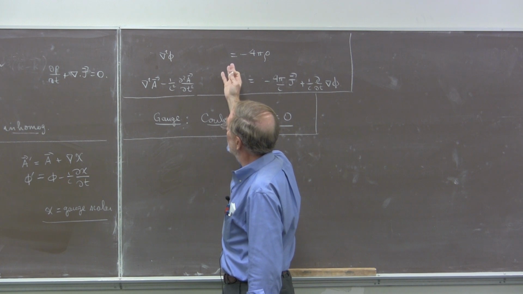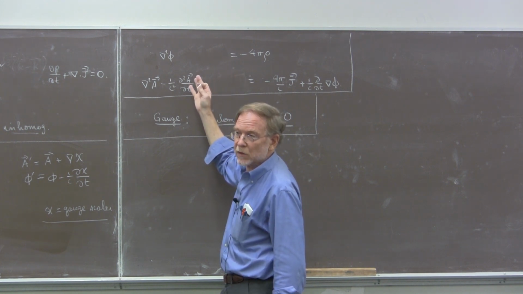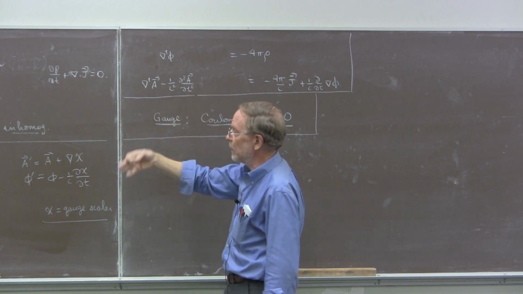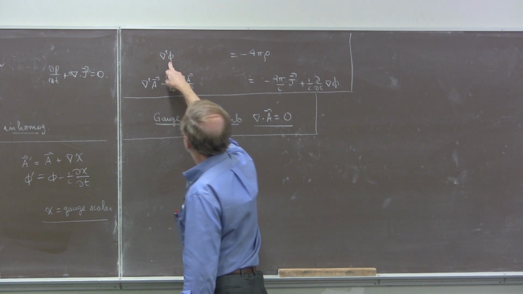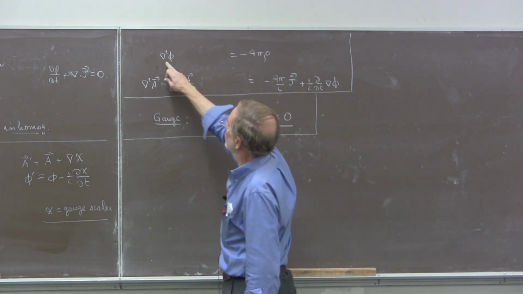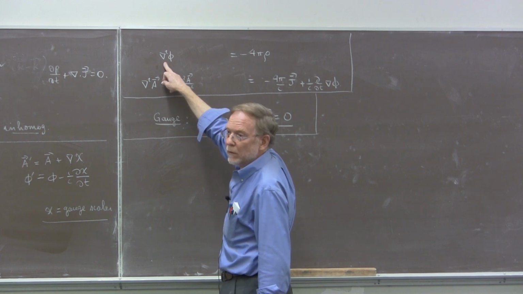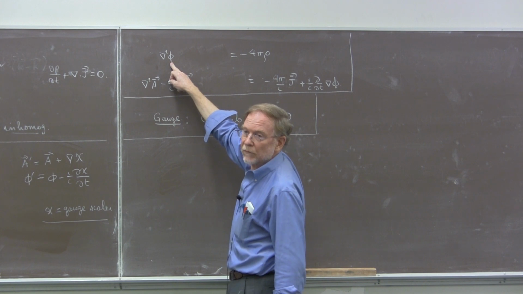But it's a little bit tricky because we're not doing electrostatics, we're doing fully electromagnetism with the full time dependence. We didn't make any assumptions or approximations. The solution of the Poisson equation is given in all generality by using the Green's function for the Laplacian operator. And the solution is unique if we assume that phi goes to 0 at spatial infinity.